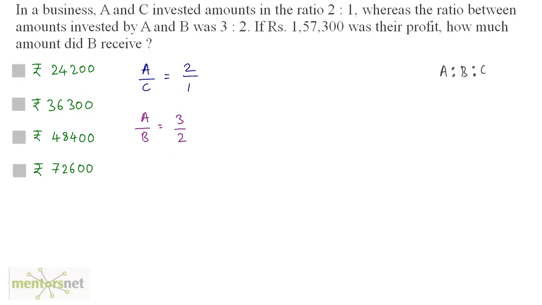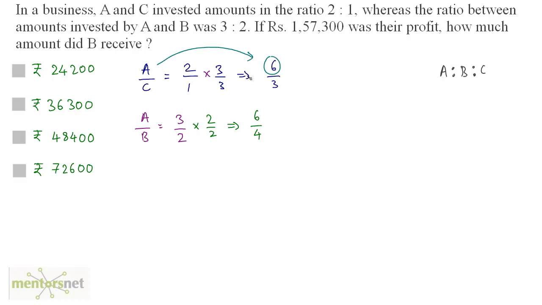Now A to C is 2:1 and A to B is 3:2. If I multiply this equation by 3 by 3, I'll get 6 by 3, right? And on the lower side, this A by B, if I multiply this equation by 2 by 2, I'll get 6 by 4, isn't it? The reason I did this was to make A's component equal.